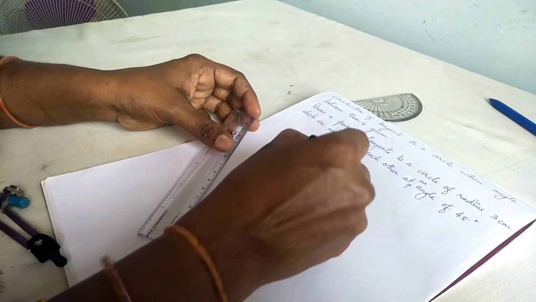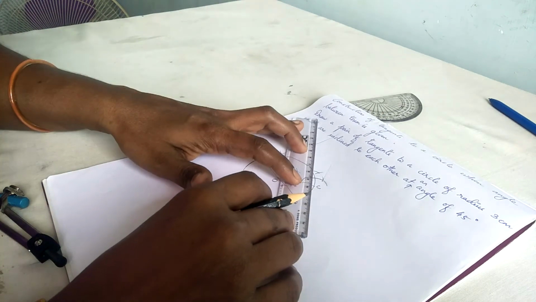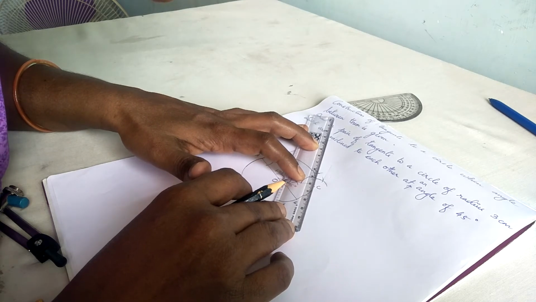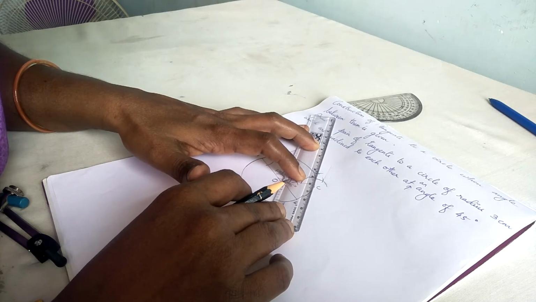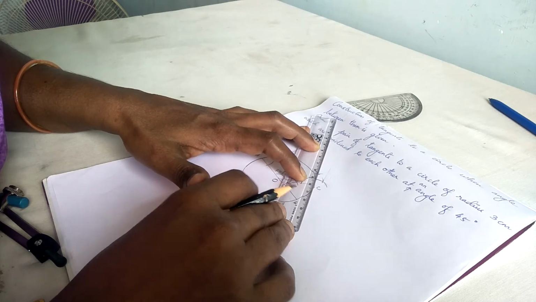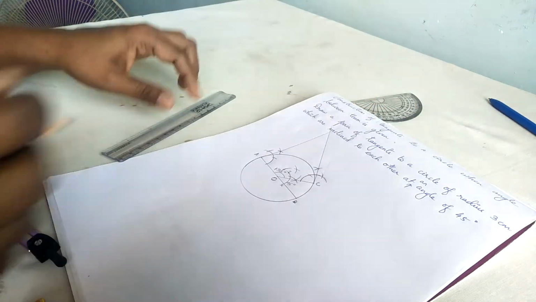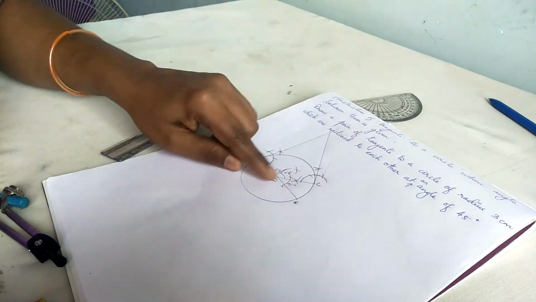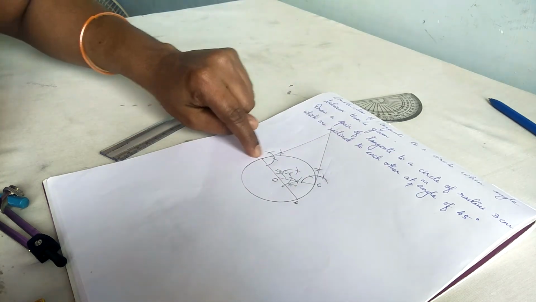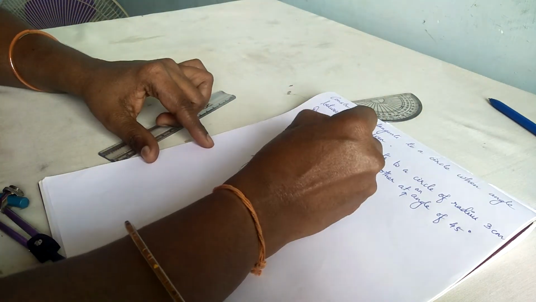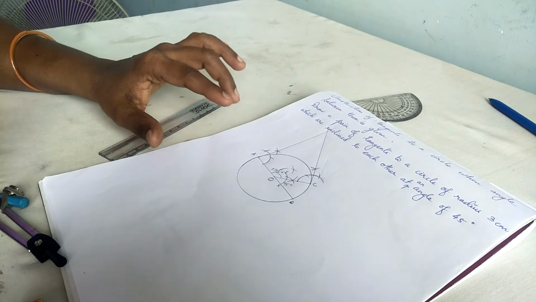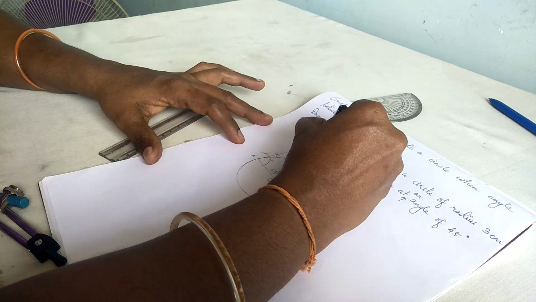Now let's join this point C and the 90 degree arc point we received, and extend it. From C we drew a ray, and this one from A, both are intersecting at a point. Let's name this point D.